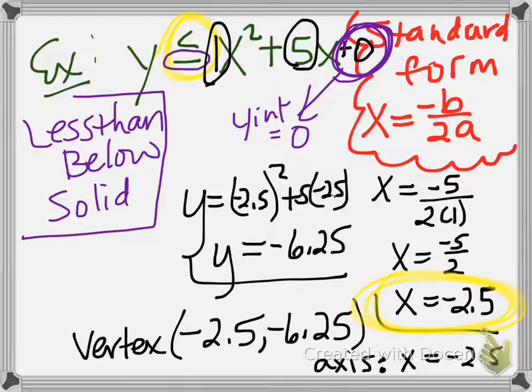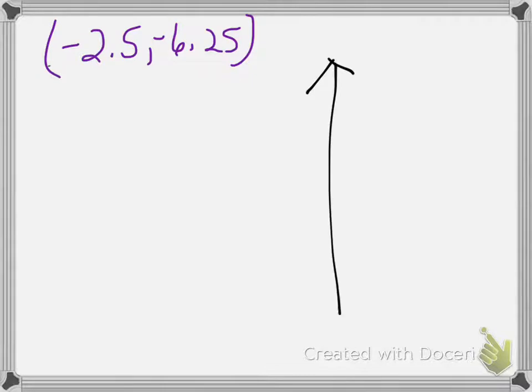So y-intercept 0, let's see if we can remember it all. Negative 2.5, comma negative 6.25, that's my vertex. Okay, so let's go ahead and give myself a little axis.